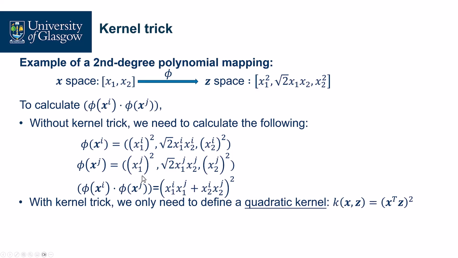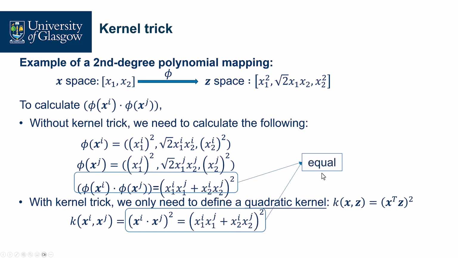Then we apply the quadratic kernel to xi and xj and see what happens. We plug it in, and we find that the result is the same. So without using phi, we can get this result. It doesn't matter what phi is. In this way, the kernel trick helps us a lot to avoid this complex calculation, right?